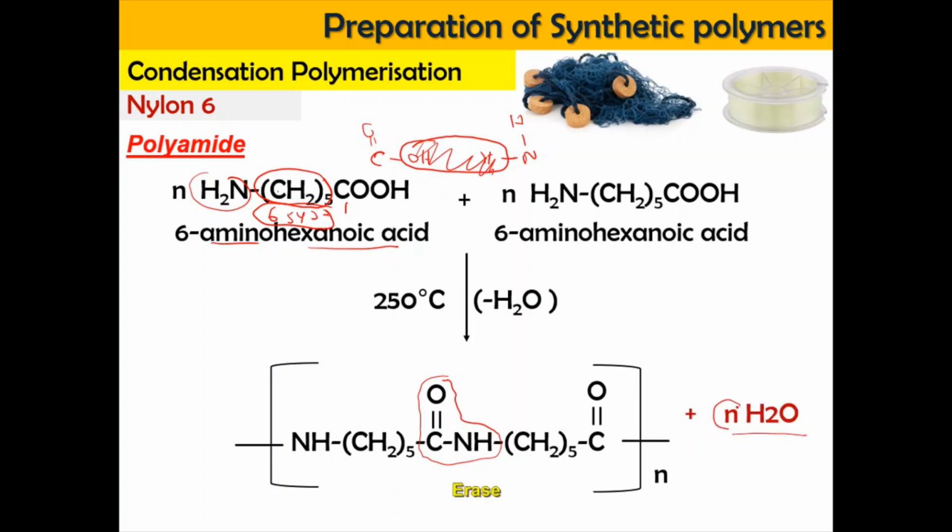So n here refers to the number of monomers that are present. Okay, and the same as before, on the N part here, we're going to remove hydrogen, and on this part here, we're going to remove the OH. So that is why there is no OH and no hydrogen here, because it is connected with another monomer. Okay, so nylon 6 can be used in order to produce a net, okay, the net here, or fishing line.